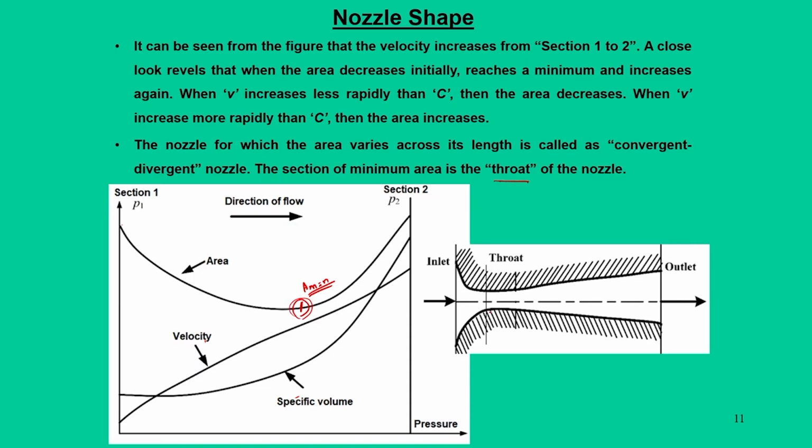Now, referring to the diagram here, from these initial things we can say that the throat is the minimum area, and throat refers to minimum area.